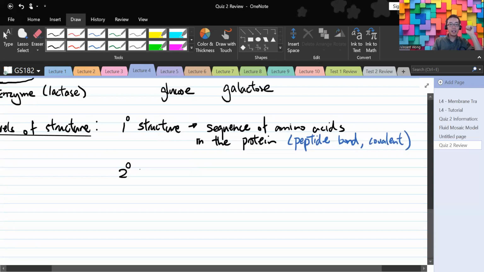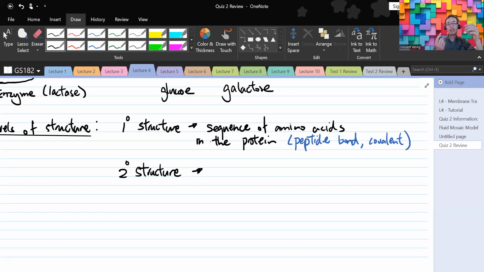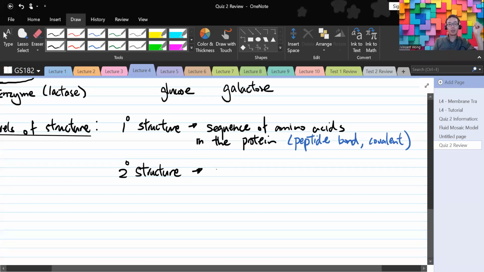Next, we have this secondary structure. There are 2 things that exist in the secondary structure, right? Part of your polypeptide might form these coils, and then part of it might form these zigzag patterns. They are the alpha helix and beta pleated sheets.